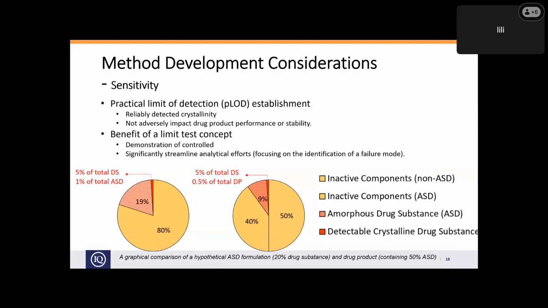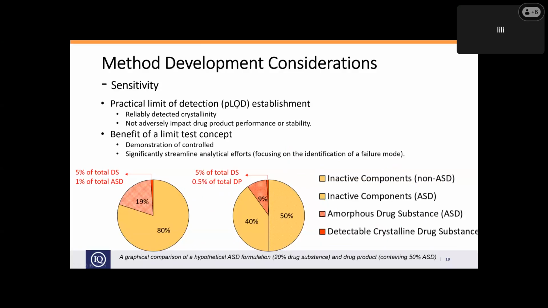Another method development focus point is sensitivity for the crystallinity method. A typical practice in industry for crystallinity methods is to establish a practical limit of detection.